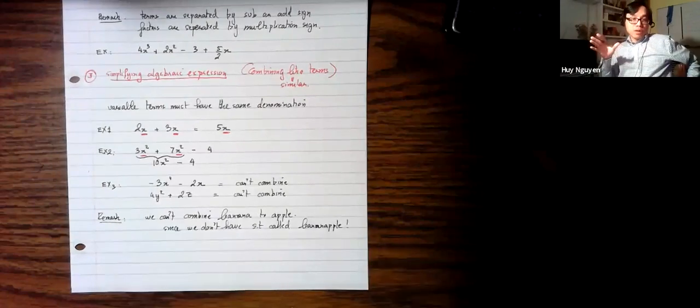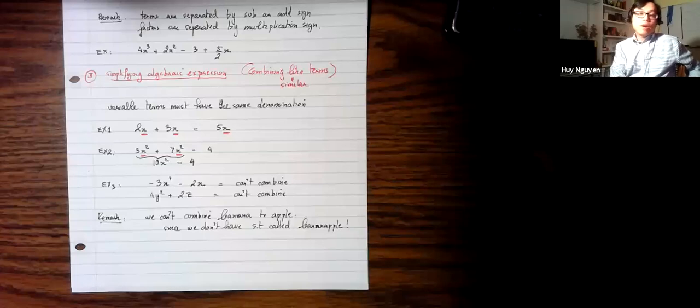So remember, we can only combine bananas together, or we can combine apples together. We cannot combine banana to apple. 2x plus 3x is 5x. 6z plus 5z is 11z. 6z plus 2x, we cannot do it, because 6z is 6 apples and 2x is 2 bananas. We can't combine.